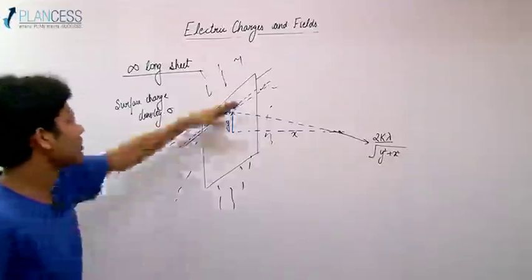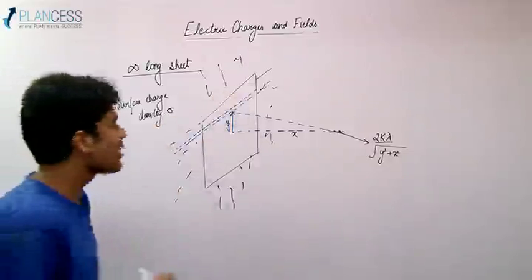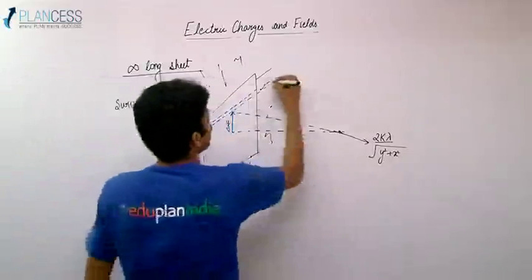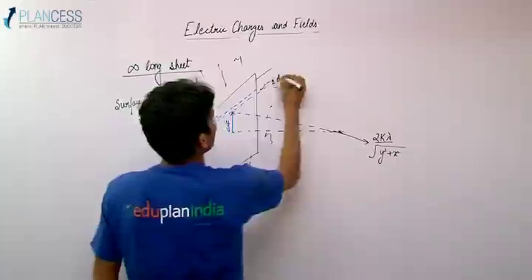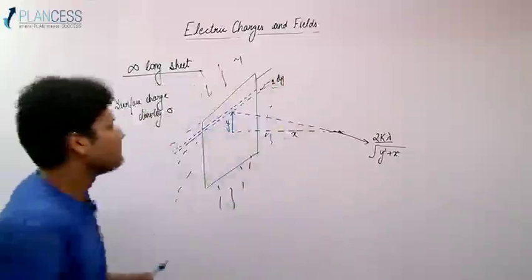density of this wire. So if we want to write the linear charge density of this wire, this is a length, and the width of the wire is dy at a distance y.